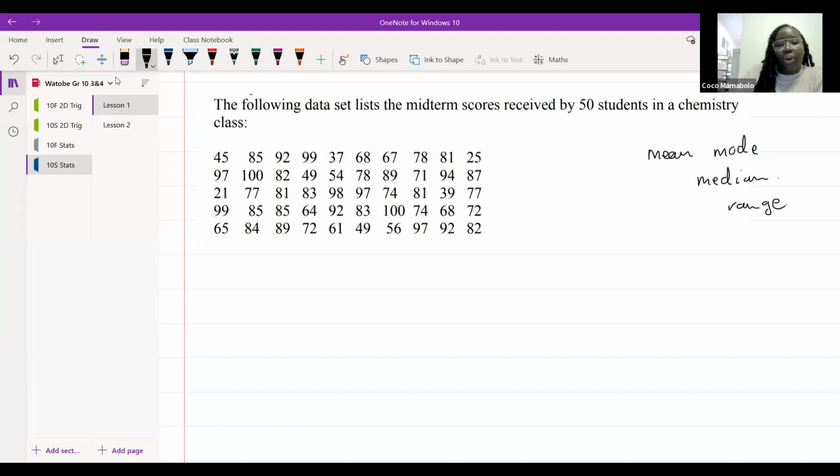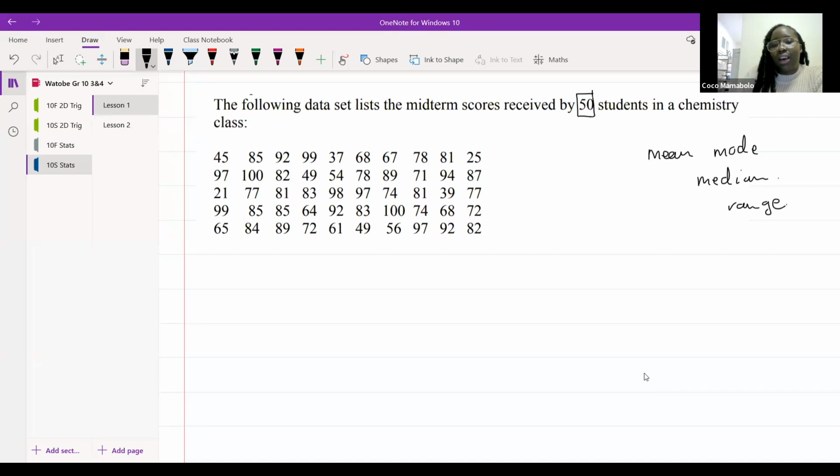This last thing that I've given you doesn't have a table that you can draw. So we already know what the cumulative frequency is going to be. How do we know? They've given it to us. They've told us that the total we need is 50. So we just need to put it together, right?